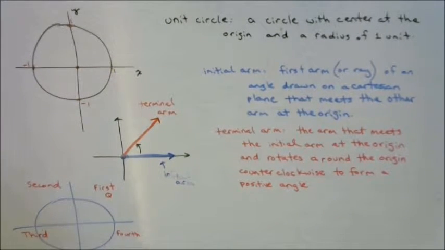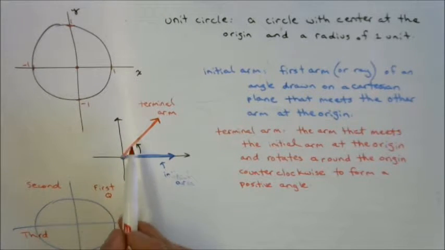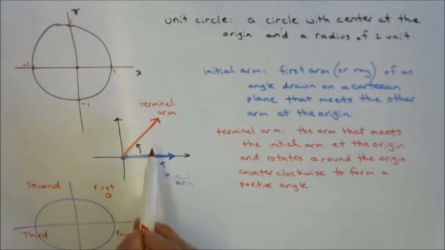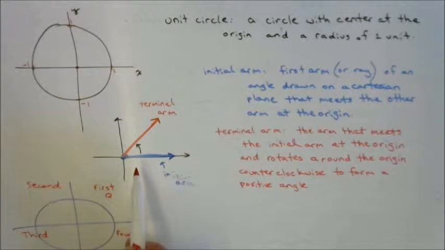Okay, we're going to add to that definition in a second, but just to explain, this terminal arm could be coming out anywhere, but it's moving counterclockwise, forming a positive angle.